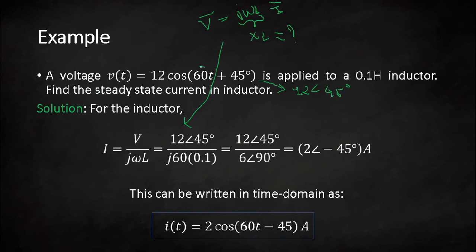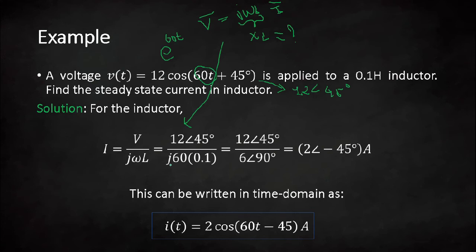This is the e raised to j omega t kind of term, so it will be e raised to 60t kind of term. So we are suppressing this factor while finding our phasor form. So it will be 12 at an angle of 45.